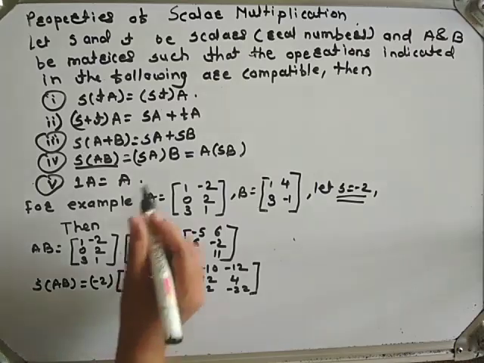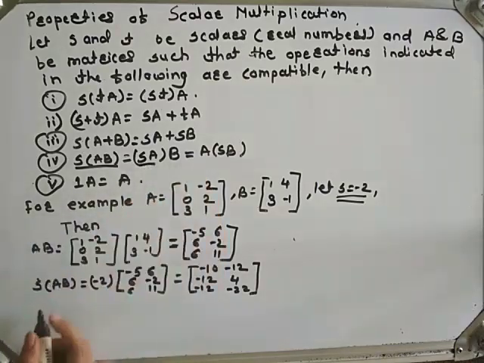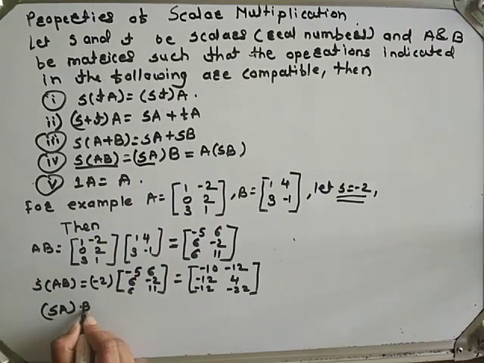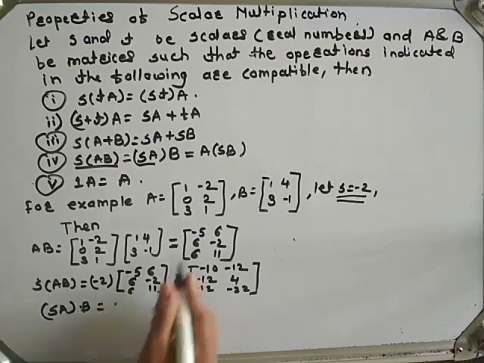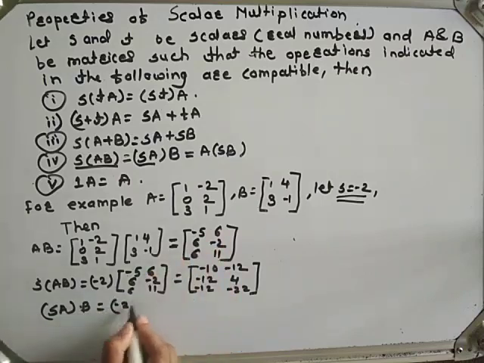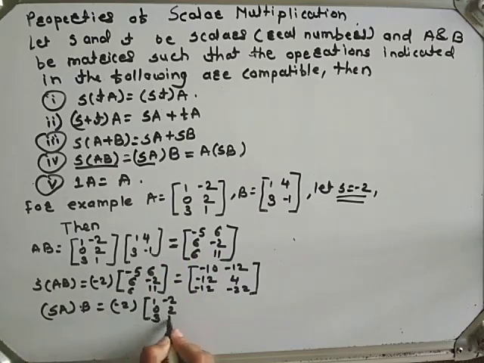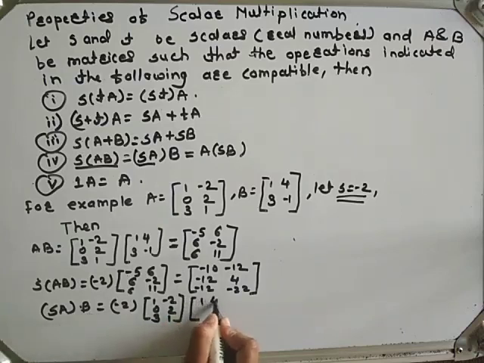Now we have to calculate SA into B. S into A means -2 into matrix A, which is [1 -2; 0 2; 3 1] into matrix B [1 4; 3 -1].